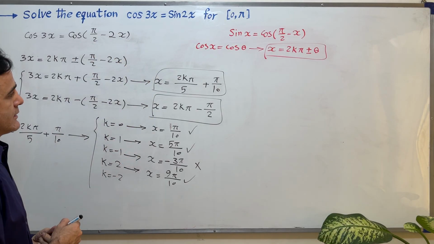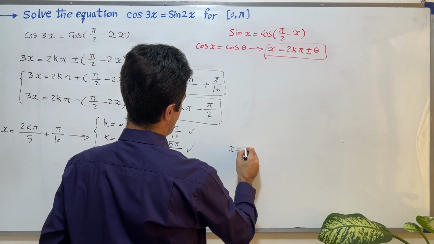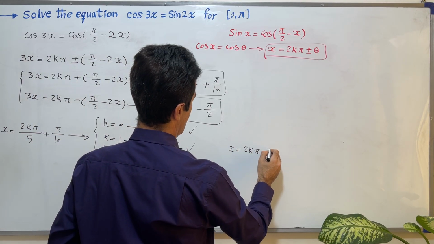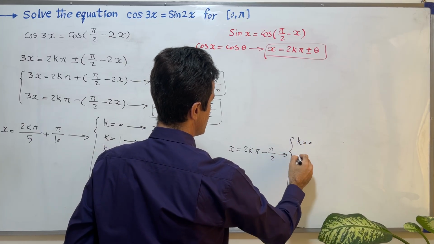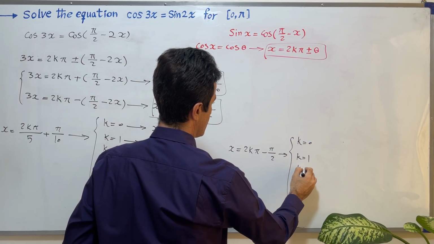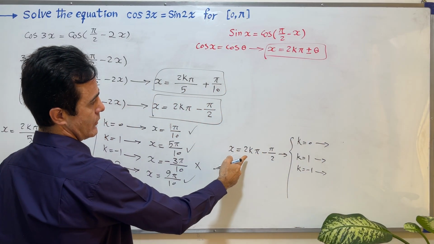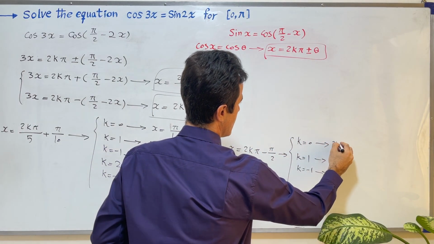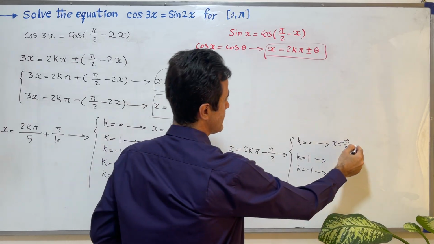For the second set of answers, x equal 2k pi minus pi over 2, k equal 0, k equal 1, minus 1. K equal 0, x equal minus pi over 2 is not valid.